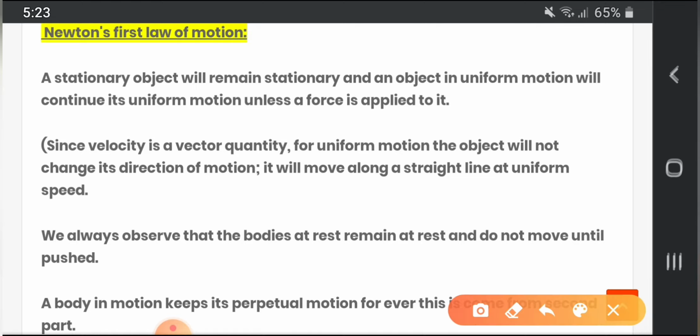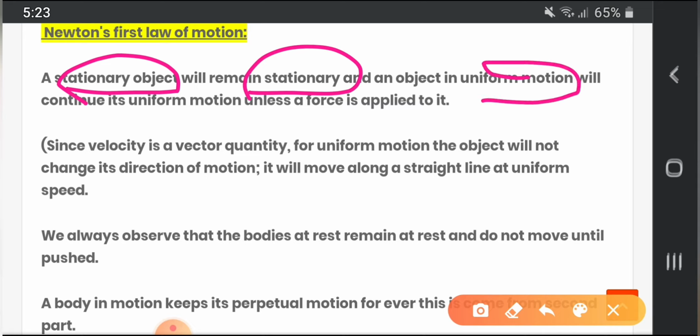We always observe that bodies at rest remain at rest and do not move until pushed, and a body in motion keeps its perpetual motion forever. This comes from the second part.